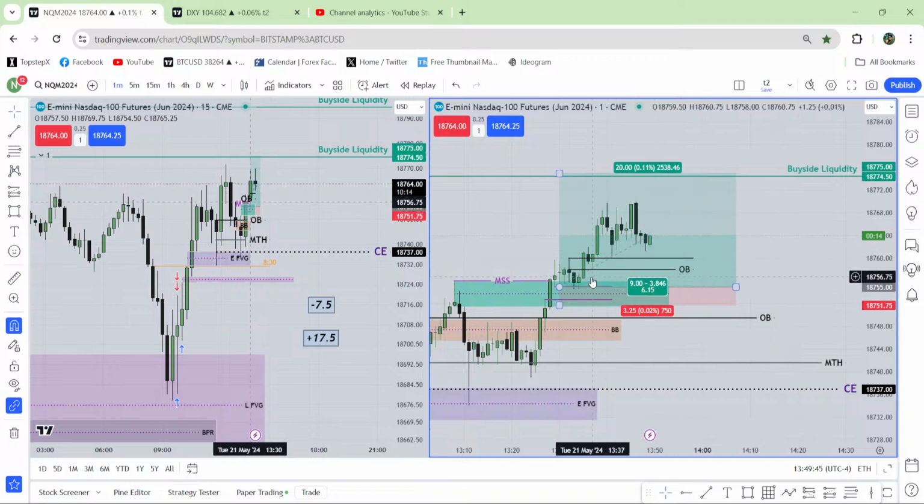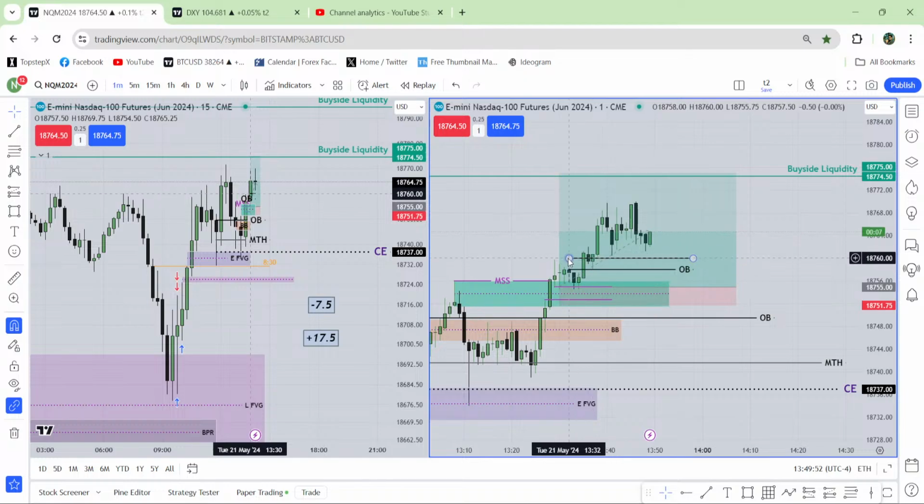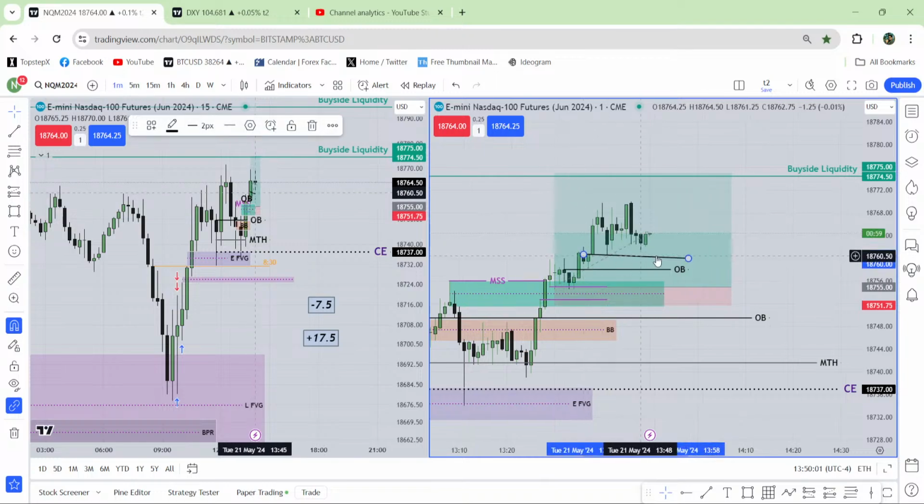Actually not like that, Jack T. You can say this is a propulsion block because it has traded this order block high and didn't close below the min threshold. So yeah, you can call it a propulsion block.